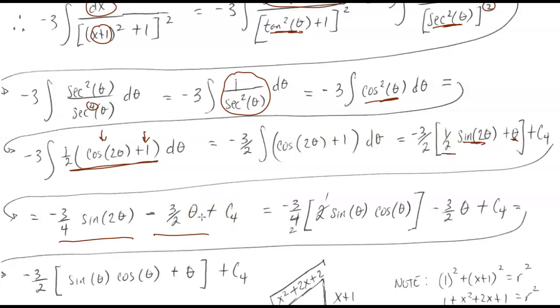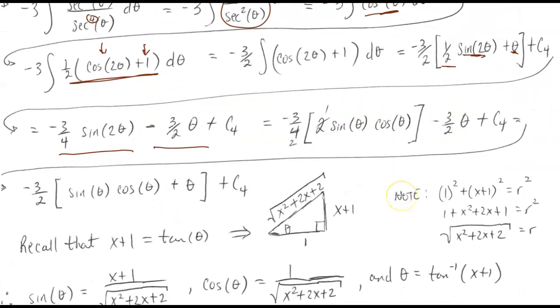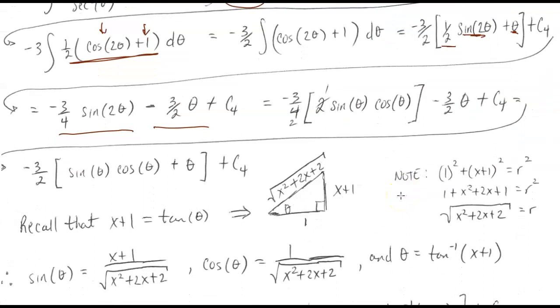But what we need is everything in terms of x. So I'm going to have to rewrite what I have here in terms of theta to be in terms of x. You can see how this gets real interesting. I use the fact that sine of 2 theta is just going to be 2 times sine theta cosine theta, and I reduce what I have up here.